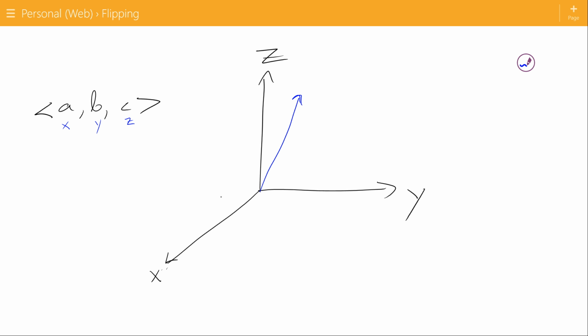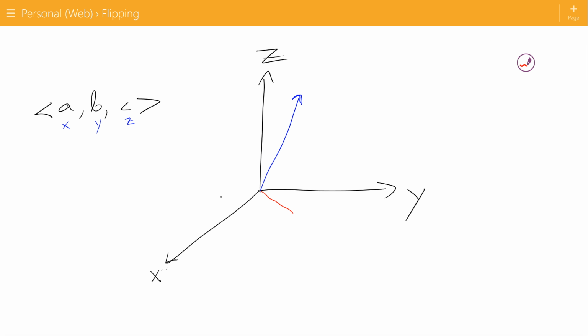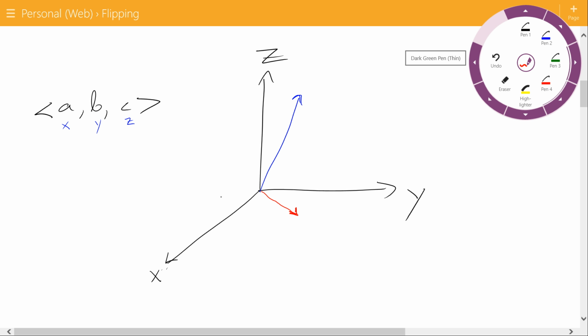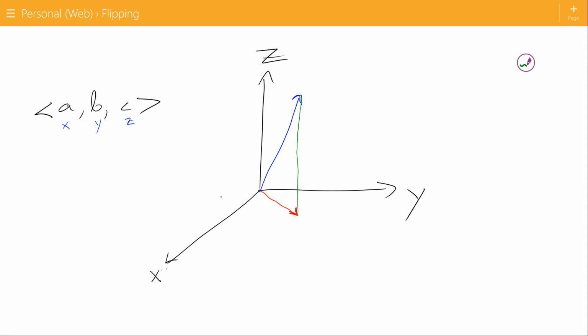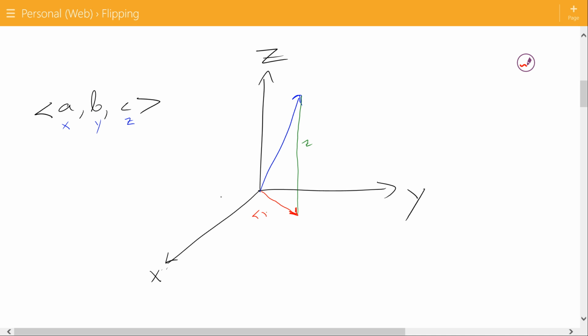Okay, this is how you might see the vector, and you can actually project it down below onto just the xy. So this is just the x and the y down here, but you can connect it up to the three-dimensional part right there. So this is really where the z comes in. Down here, this is just your x and y.